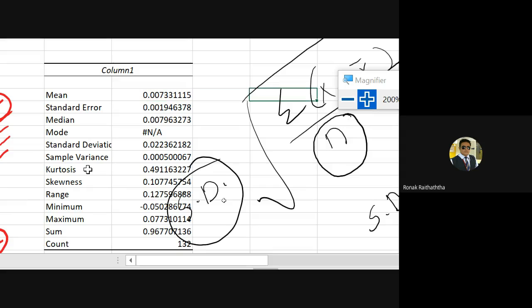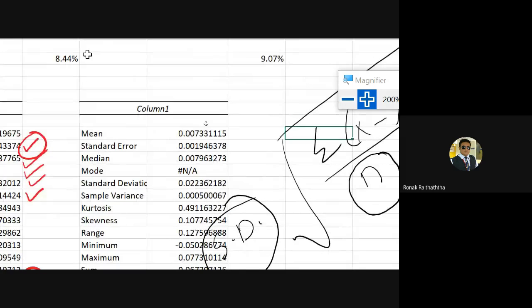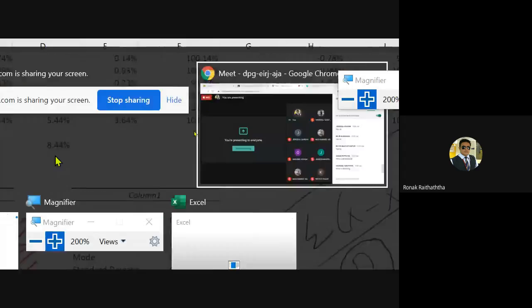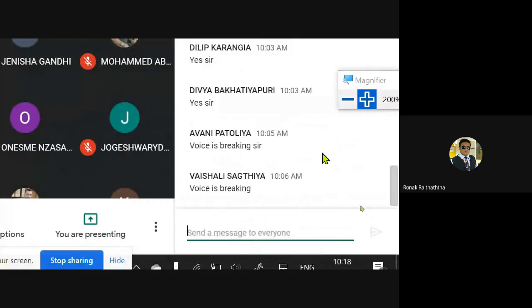And in a similar manner, you would be doing it for the third one as well. Please do it. And once it is done, please give me a confirmation through the chat box that you have done it.